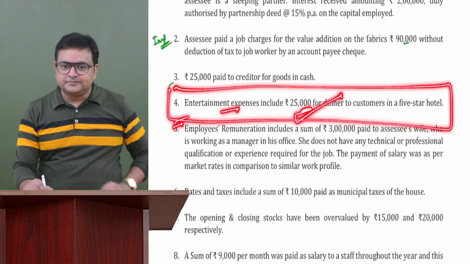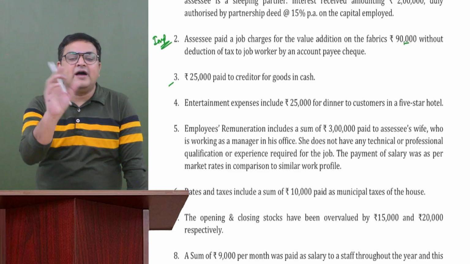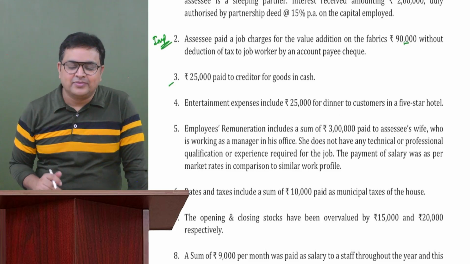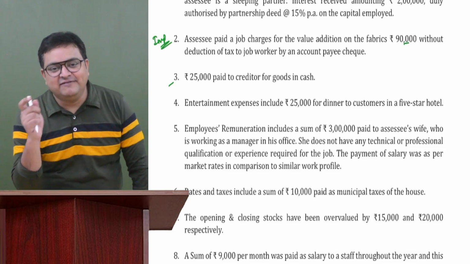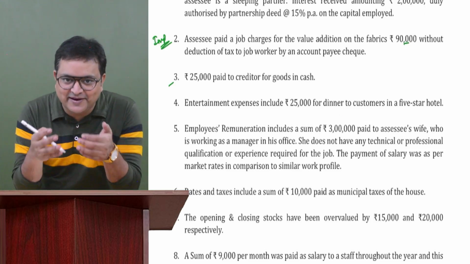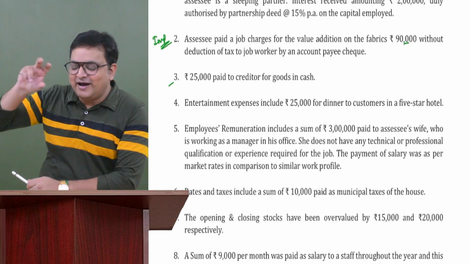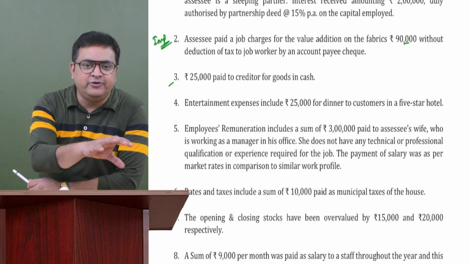But yes, so I can say that you have to ignore this point. You don't have to do any kind of calculations. See, whenever you are ignoring any point which is given by the examiner, you have to tell the examiner, you have to give some respect to the examiner. Boss, you have given this point and we are not taking this point into computation.